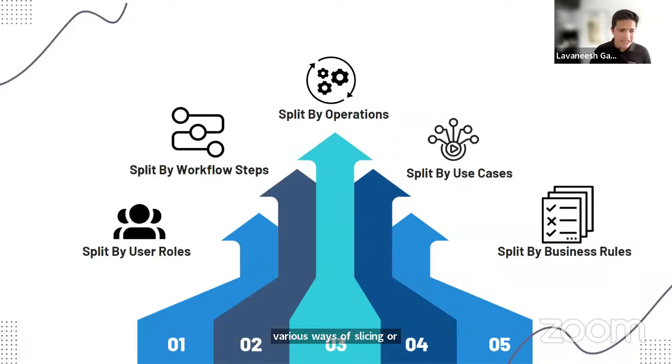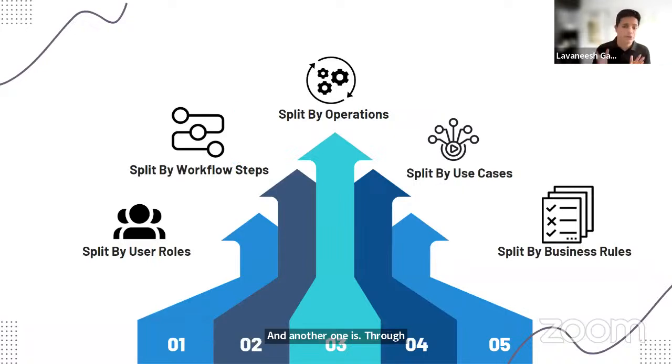So yes, there are many ways, but I have picked 5 which I think work a lot. And in my experience, these are the top 5 ways we can split the work. The first one is splitting by user roles. I'm going to give you an example of each of these in the following slides, guys. Another one is through the workflow steps.